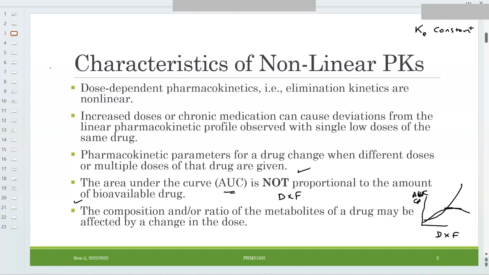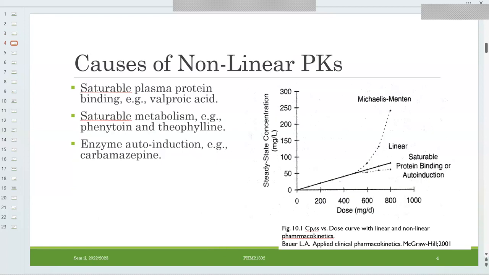Okay? The composition and or ratio of metabolites of a drug may be affected by the change in the dose also. For example, you have metabolite 1 and metabolite 2. At certain dose, the ratio between them is 2 to 1. You increase the dose, probably you may get a ratio of 1 to 1, whatever. You'll have a different ratio. Okay? These are the characteristics of nonlinear pharmacokinetics.